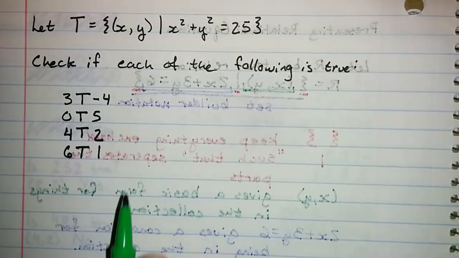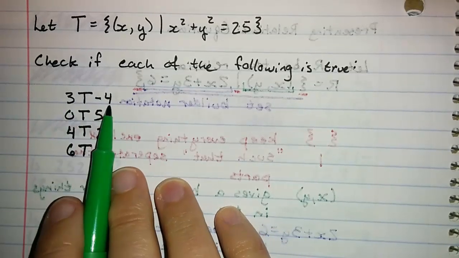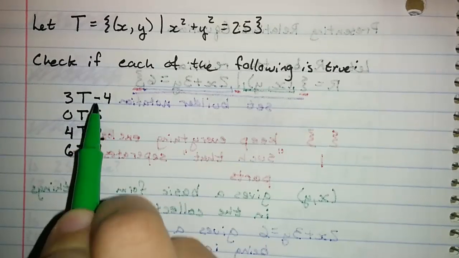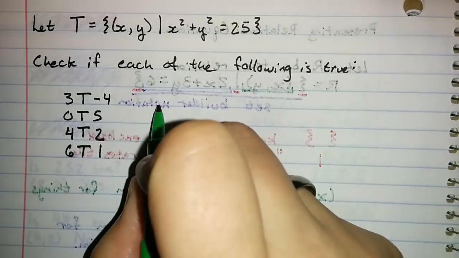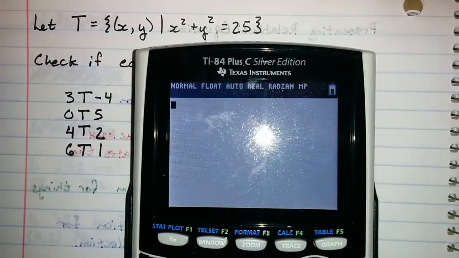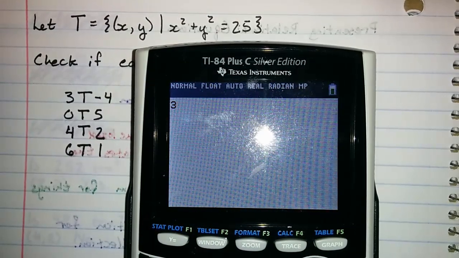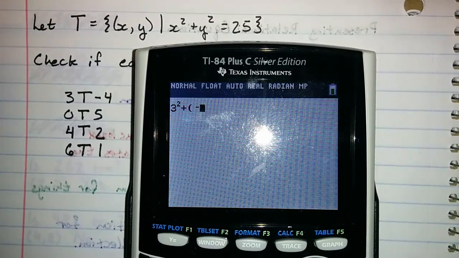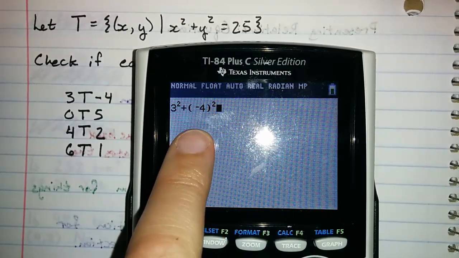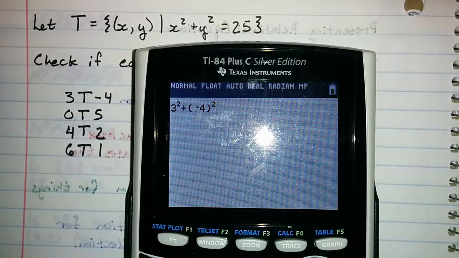All right. In this first one, 3 is in the x place, -4 is in the y place. We'd like to know what 3 squared plus -4 squared is. Maybe we can do that in our head, or maybe we'd like to use the calculator. Notice I put the -4 in parentheses because I want to square the entire -4.